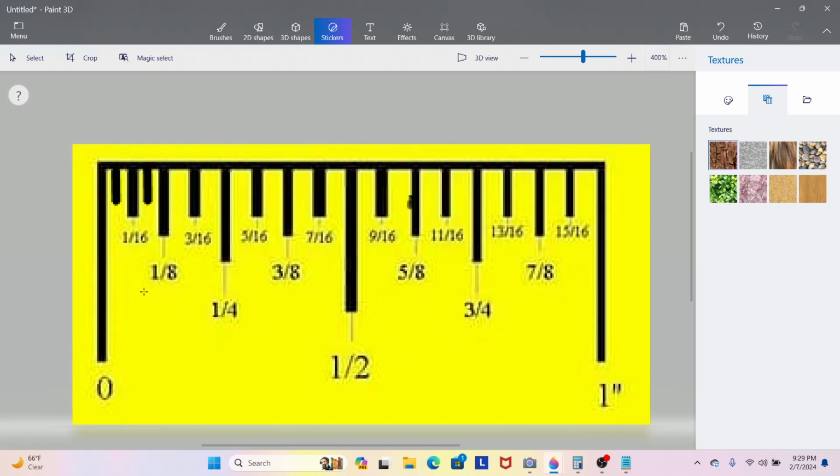So the 8 is representing 8 clicks or 8 counts over to 8/8, which is 1. Same thing on the 1/4 inch, which a lot of people can read the 1/4 inches pretty easy. So 1/4, 2/4, 2/4 divided is 1/2. And then you go to 3/4, and then you go to 4/4, which is 1. 1/2 is 1/2, and 2/2 is 1.